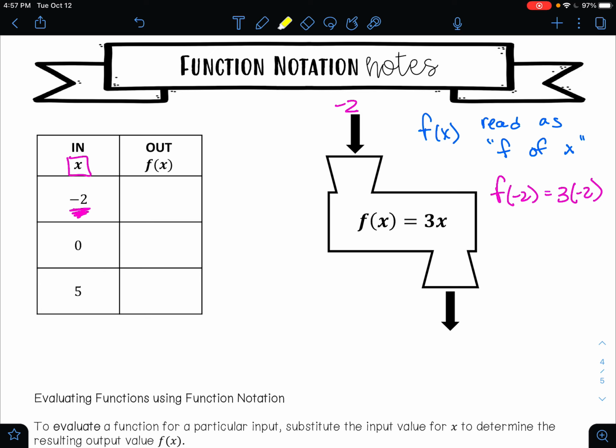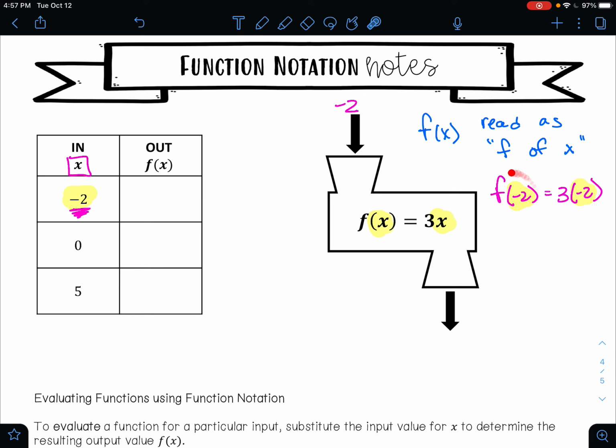Let's look at what just happened. We said that x was -2, and so I replaced each of my x's with -2. So that means every time you see an x in f of x, replace that x with -2.